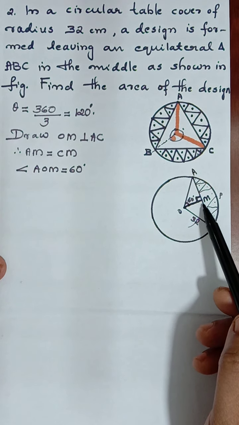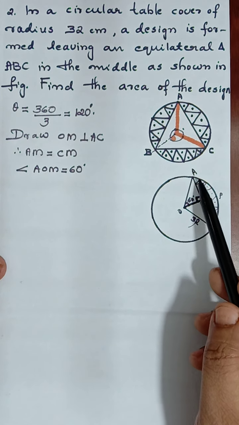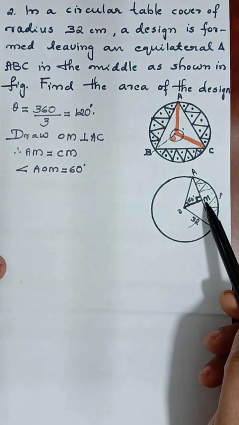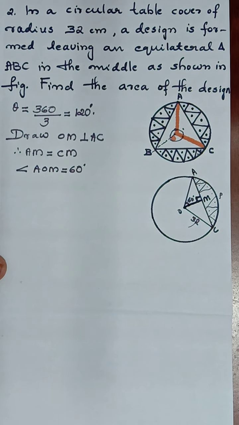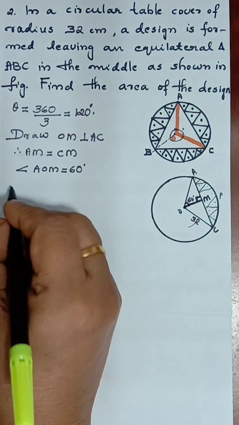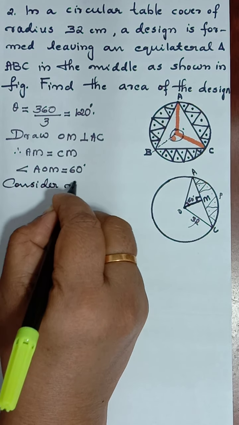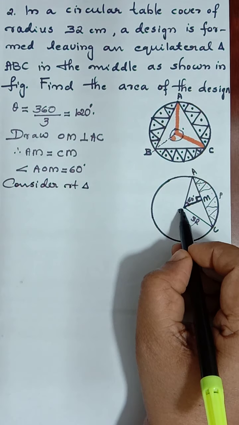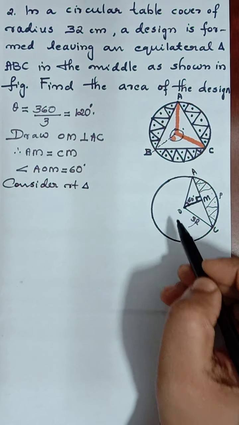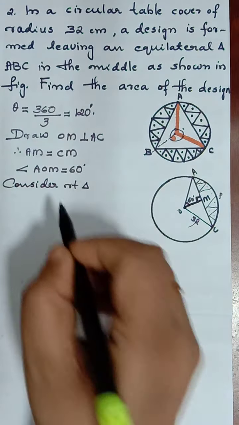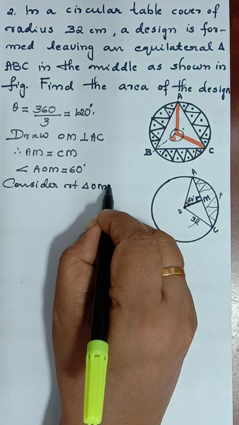That is my idea. So for finding out AC and OM, we have to use some trigonometric ratios which you have seen already. So we consider right triangle AOM or OMA, whatever may be the form, no problem.